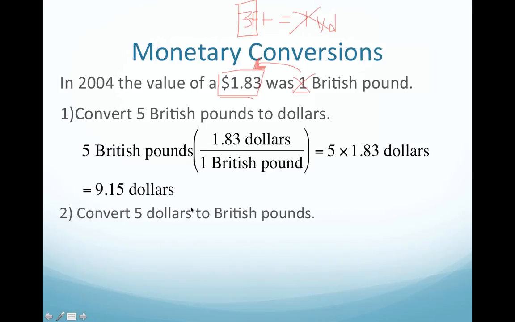Now to convert from dollars to British pounds, we see the $1.83 decreases to 1. So the word decrease means to divide. So to go from $5 to British pounds, we have to divide by $1.83.